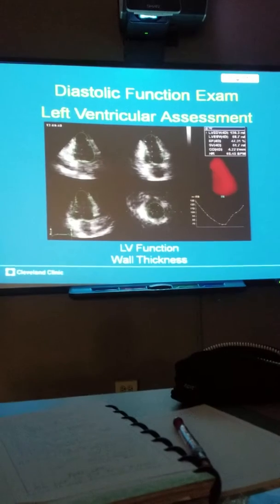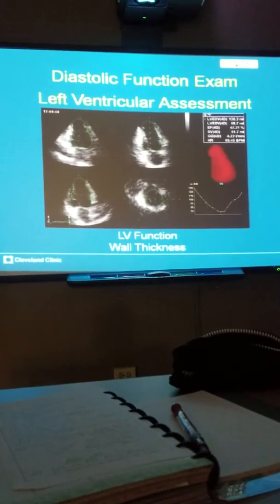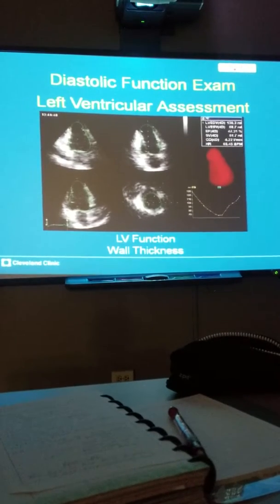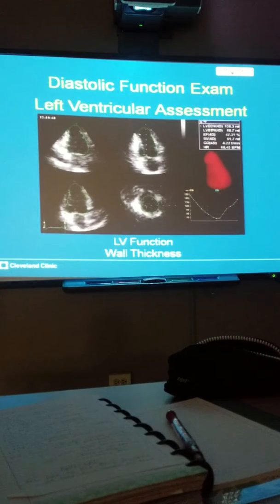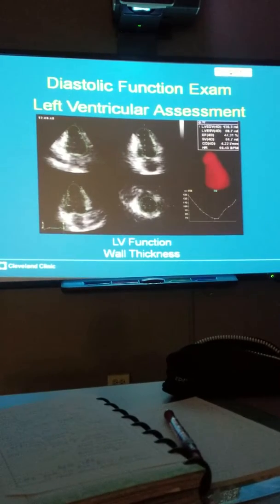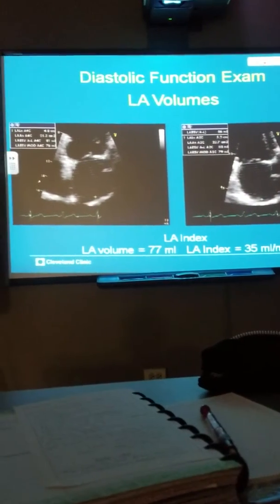But in most exams, even for diastolic, you want to know what the LV function is. So you want to get your best assessment of that, and if you have the capabilities of doing three-dimensional echoes in your lab, to get the adequate volumes and wall thickness. And then LA volumes are very important.